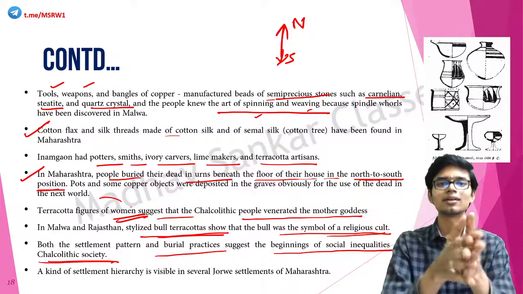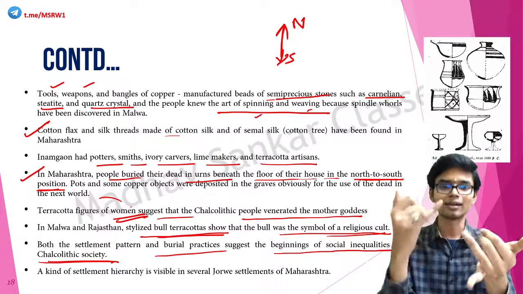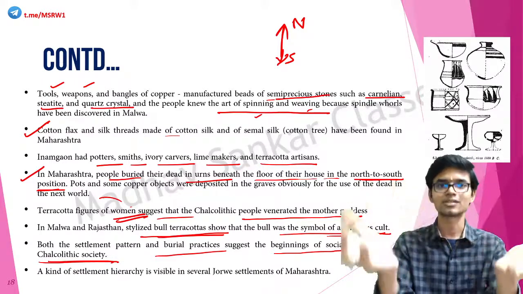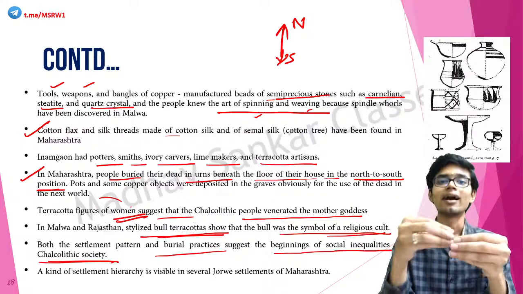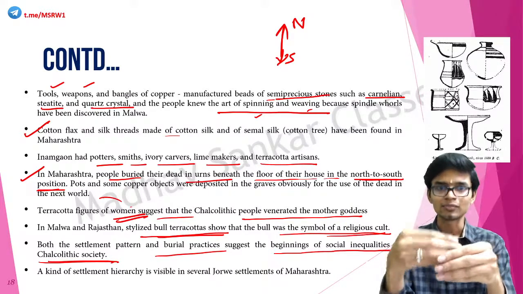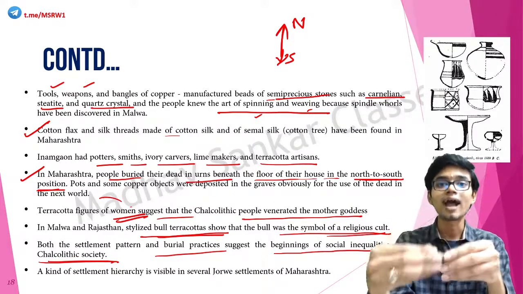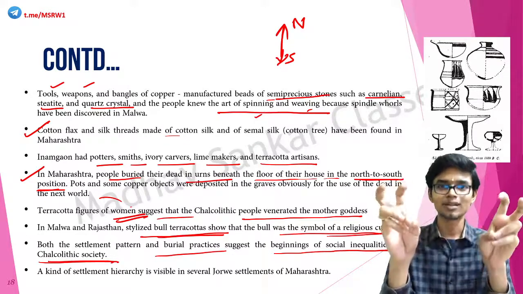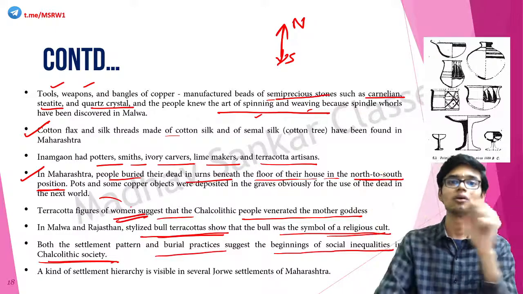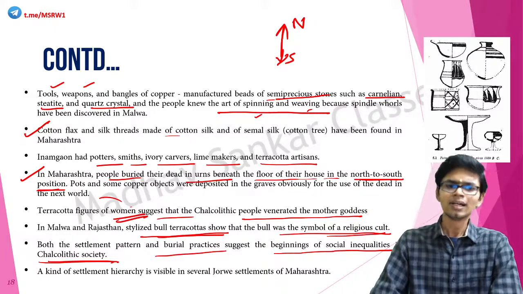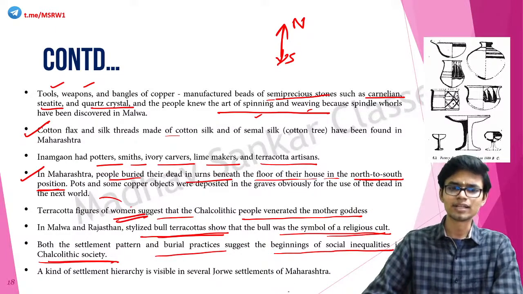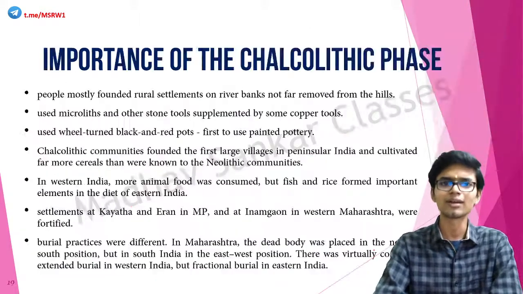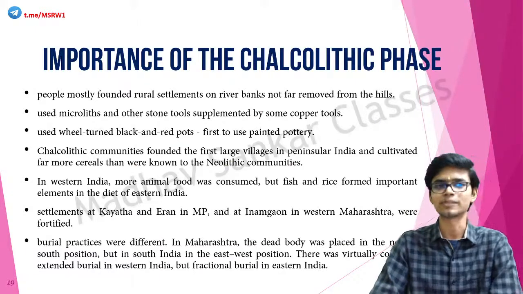Historians mark these burials and the extent of settlements as evidence or proof that Chalcolithic society had inequalities. So the marking of inequalities began in the Chalcolithic period. A kind of settlement hierarchy is visible in several Jorwe settlements in Maharashtra. So that kind of inequality existed during this period.